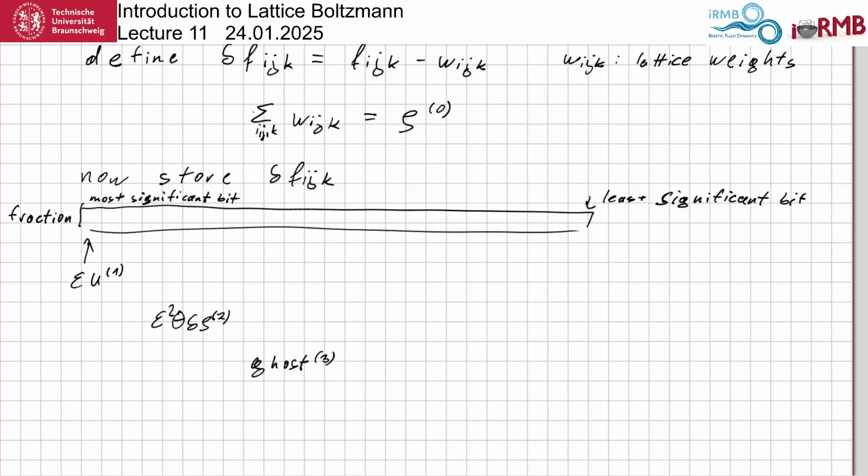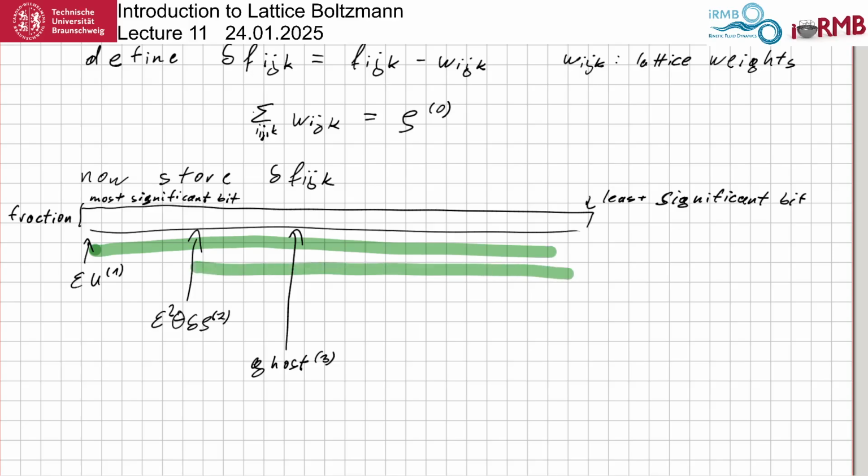And now the observation is that all of them have much more space. These are, again, the effective available bits.